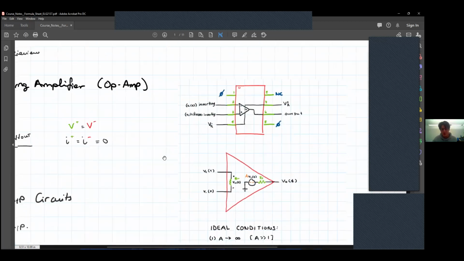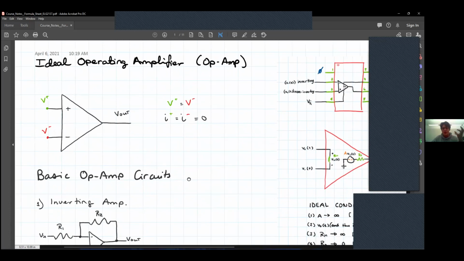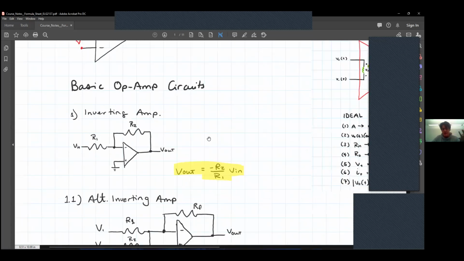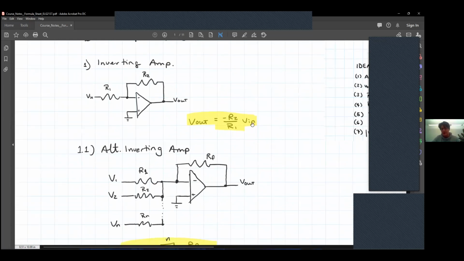With regards to what the course covers with them, you could use them in specific circuits to amplify your voltage output. So you can have an inverting amplifier, which changes the polarity of the voltage. If you give it a positive voltage in, it actually gives you a negative voltage out, and vice versa.